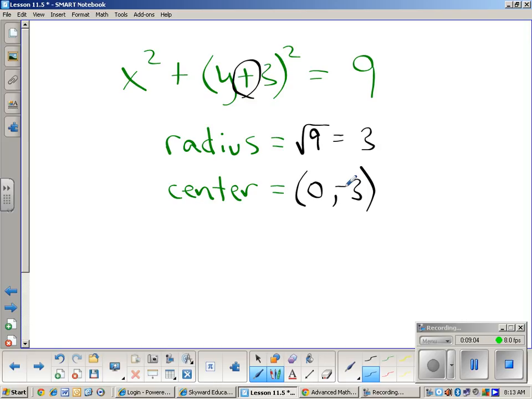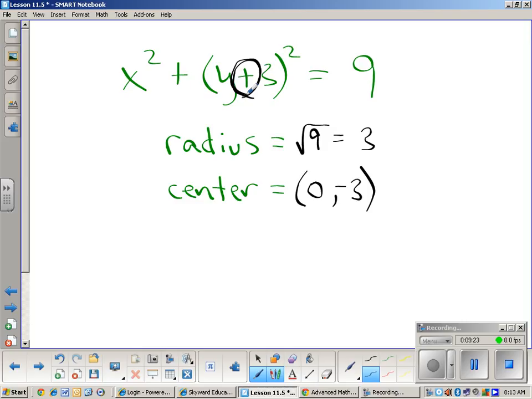Okay? I know why that works out, but it's a little harder to explain why it works out. But it is true that it's always going to be an opposite sign of whatever's inside. Okay?